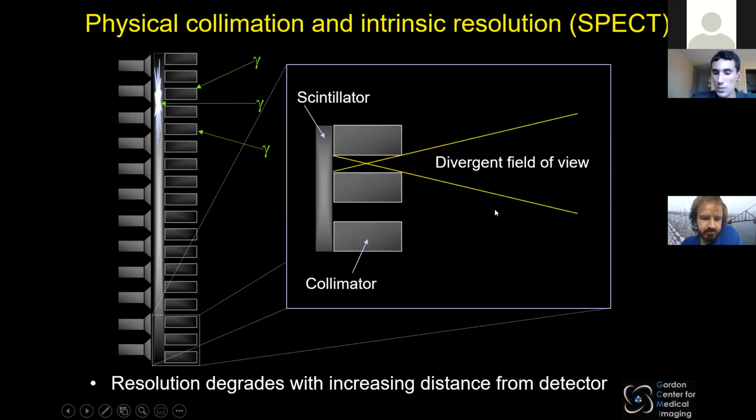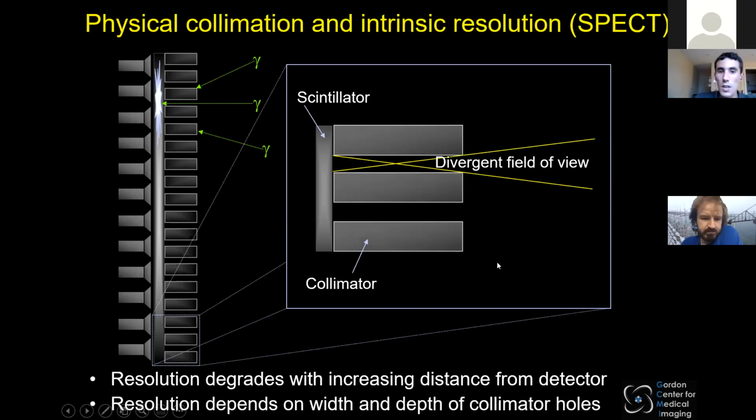So the spatial resolution is very dependent on the distance from the source to the collimator, and if you have deeper or larger collimators, you're going to have a very different spatial resolution. So that is quite complicated in SPECT.